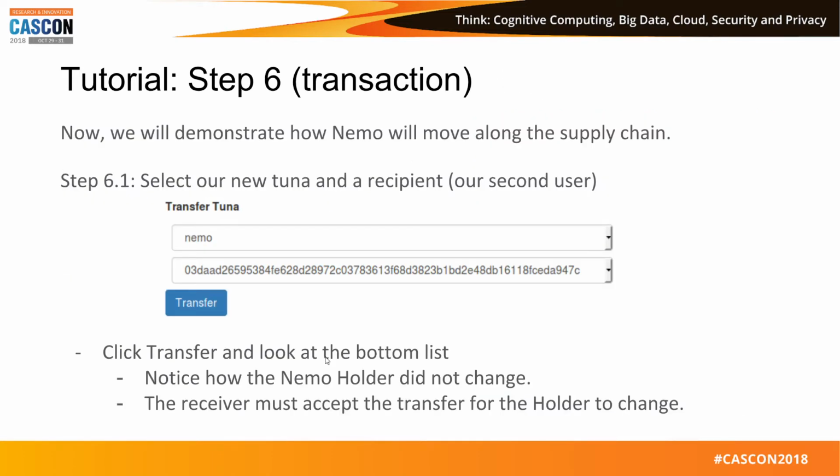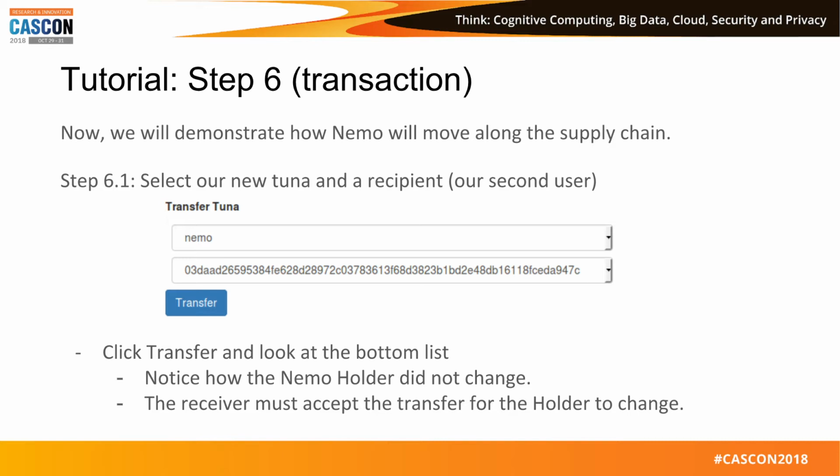Okay, now let's transfer a Nemo to our second computer. What we're gonna do here is go to transfer tuna, select Nemo, and then select the second recipient or the second peer and click transfer. If you see the tuna list, the holder of Nemo is the same. So what happened there? We just clicked transfer.